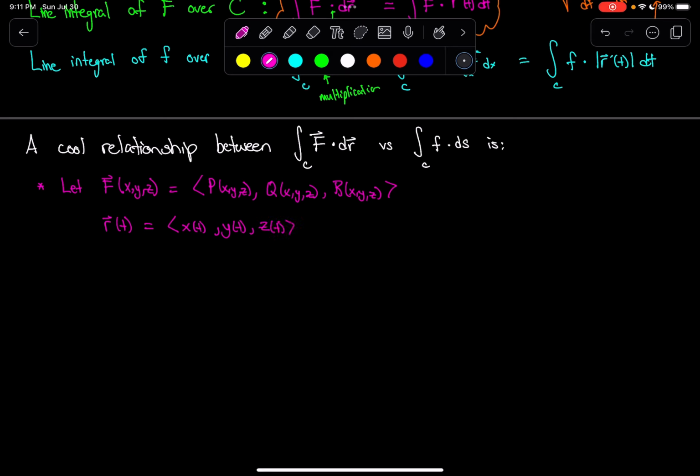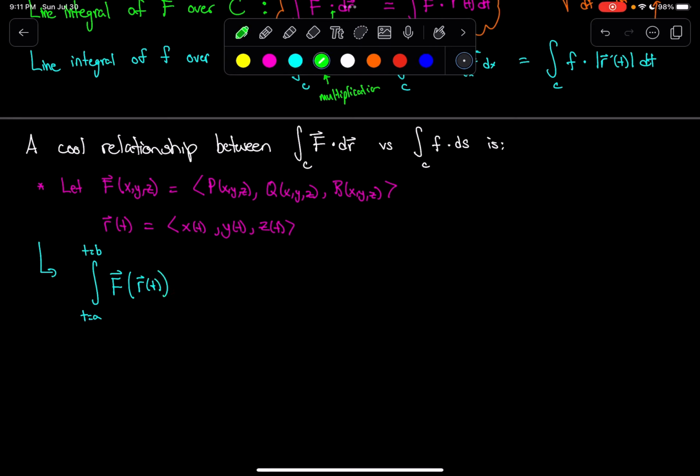And so if we're doing a line integral of our vector field over our path, it might look something like this. It would look like the integral from our starting point to our ending point. And then our vector field f would, of course, be parameterized in terms of r. The way that we usually shorthand this is just f of r of t.